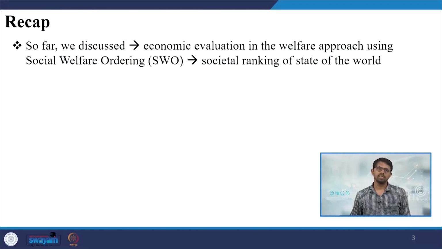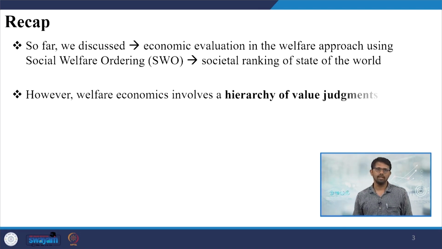So far we have clarified the social welfare ordering, where we address how economic evaluation is actually made, especially in different theory, and how the societal ranking of the states in the world is made.